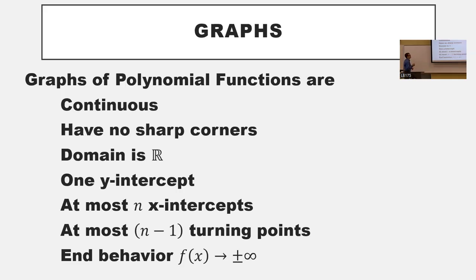Now, we've looked at some graphs already of polynomial functions, but I want to explicitly say some of the features of polynomial function graphs. First off, the graphs of polynomial functions will always be continuous.